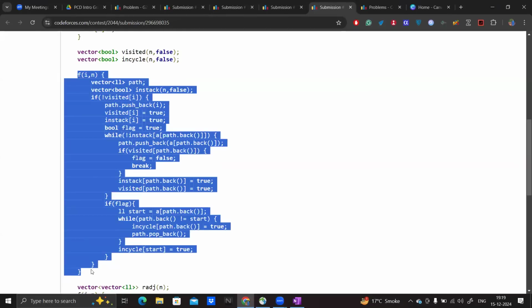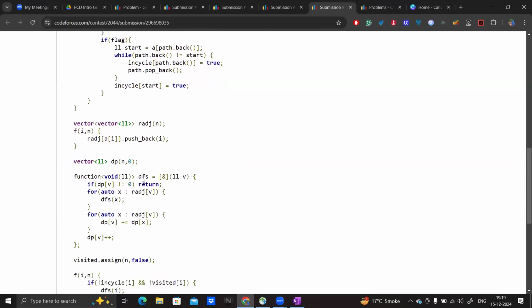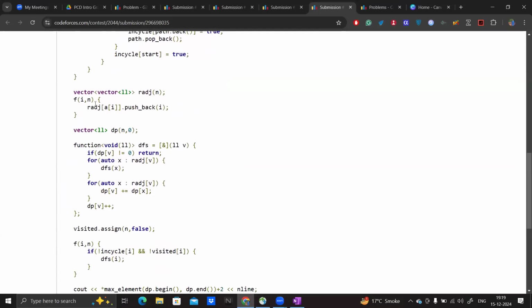Basically this for loop fills the in cycle vertices, and I define the DP. Here I define the adjacency list, the reverse one, and here I did a DFS. The DFS function is this: for each child of V, DFS on the child, and then DP of V plus equals DP of child, and plus 1 in the end.